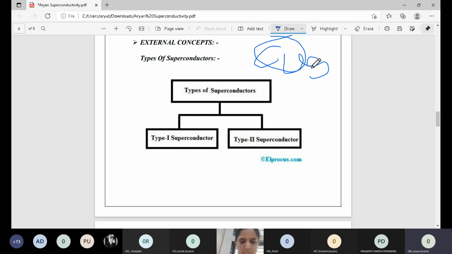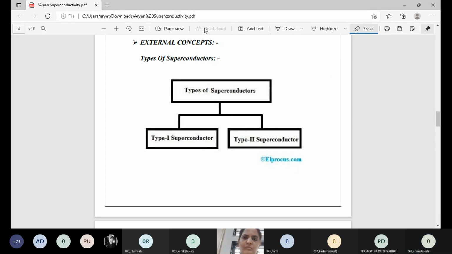And sulfide I don't find as a conductor. So both are not superconductors. But together they make a superconductive alloy. So that's the thing which we should note: both are not superconductors, but both together make a superconductor. When the alloy of both is prepared, both become a superconductor.